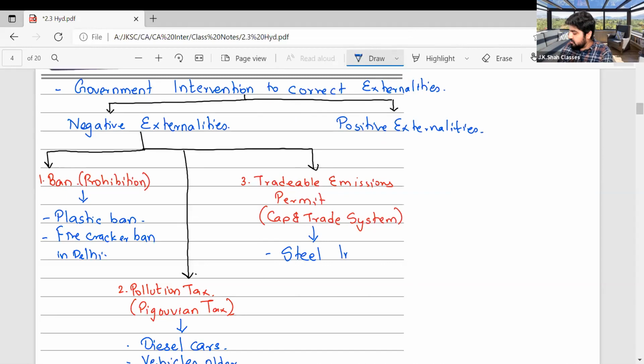So steel industry, coal mining, iron ore, and so on.